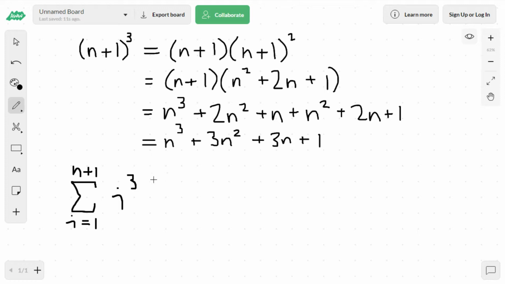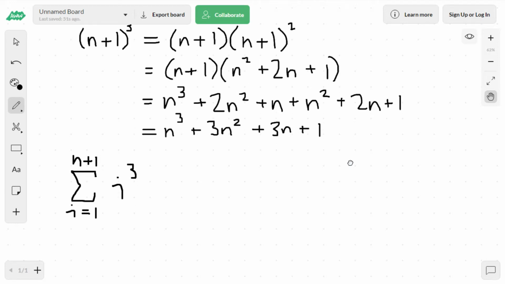Well, let's find out. The idea is we know that n plus 1 cubed is equal to n cubed plus 3n squared plus 3n plus 1. So if we wanted to do something like this, our summation is probably going to look something like this. We can probably expand this out in the same way that we did over here. I suppose we could verify that though. Yeah, probably no harm in verifying that.